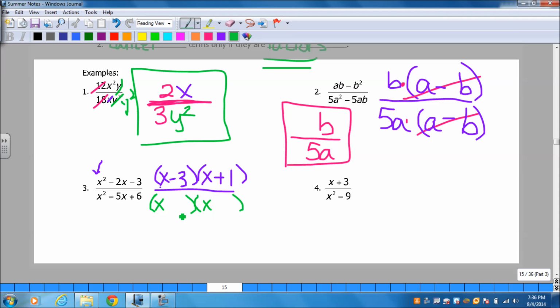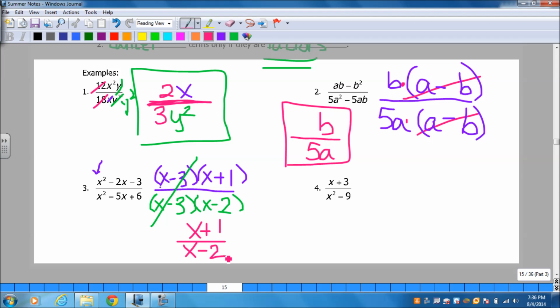I'm going to look for 2 numbers that multiply together to give me 6, but add up to give me negative 5. So think about that for a minute. Hopefully you got negative 3 and negative 2. Now notice we've got 2 factors on top and 2 factors on the bottom. So x minus 3 can cancel out with x minus 3. So I end up getting as my final answer x plus 1 over x minus 2.